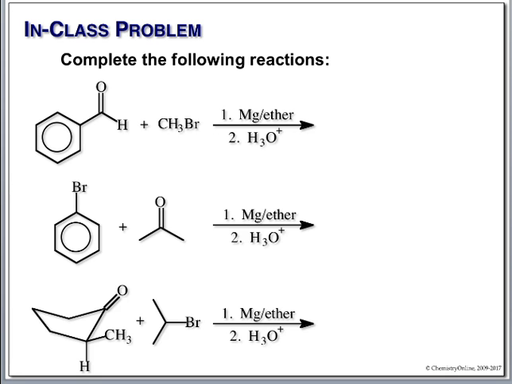The methyl group is going to add to the carbonyl carbon, and we will get this. Now, I've colored it for your convenience. All of these carbons and oxygen came from the benzaldehyde, and here's the methyl group that we just added.